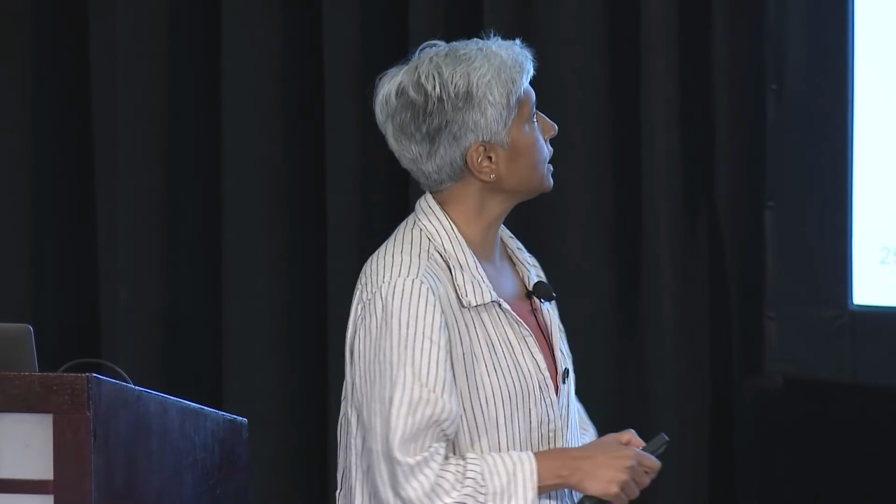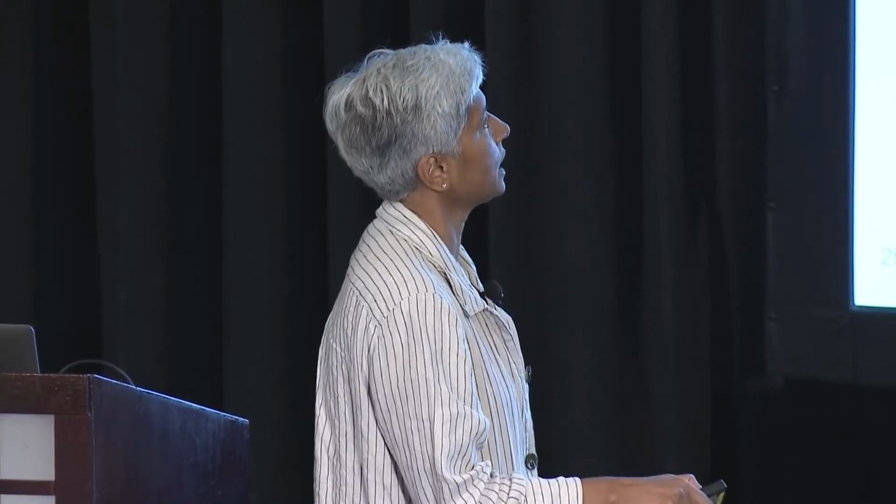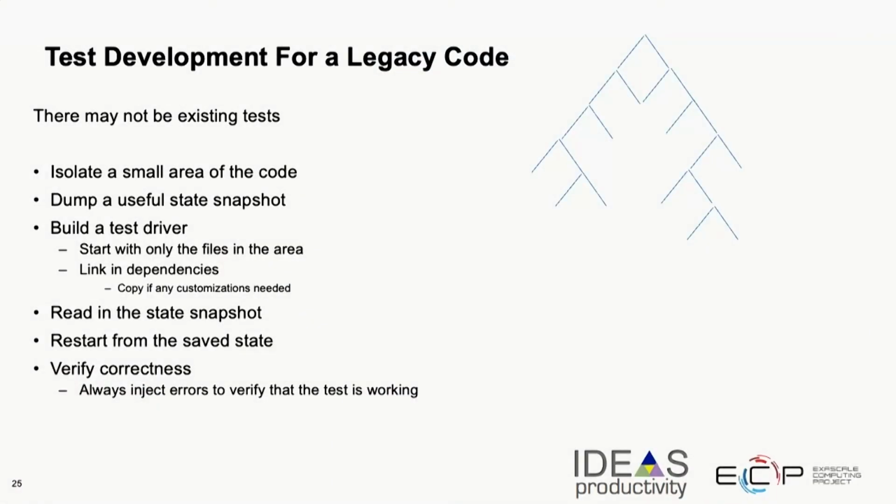If you think about this tree as the whole structure of the code and say I want to just test this part of the code, what you do is separate that, think of it as a separate section of the tree, and just before your code invokes that section, you take a complete state dump of the state of the program at that point, and turn it into a readable file.